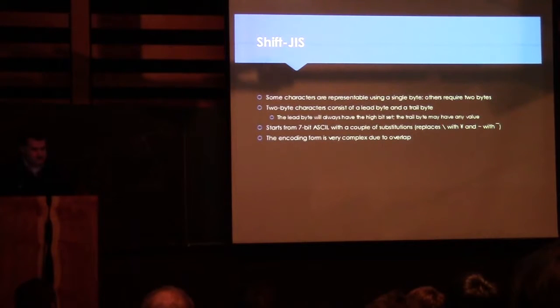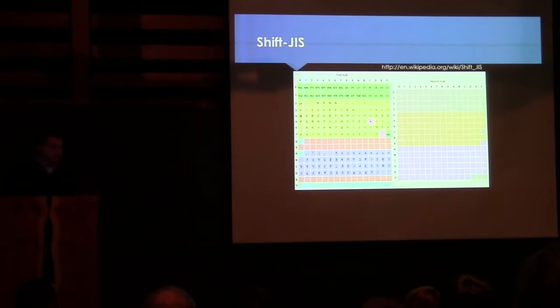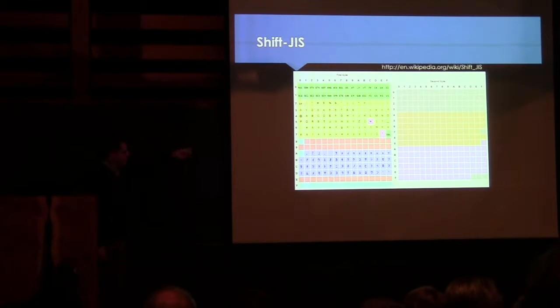But it also has 2-byte characters consisting of a lead byte and a trail byte. The lead byte will always have the high bit set, and it's actually a subset of those, as we'll see in a moment. And the trail byte may have any value in this case. So this allows you to represent a ton of characters. Here's a mapping of how the character space works. If you're parsing along and you come across a byte that has one of these yellow code points, then you map it to the ASCII value, or there are 2 here that are slightly different.